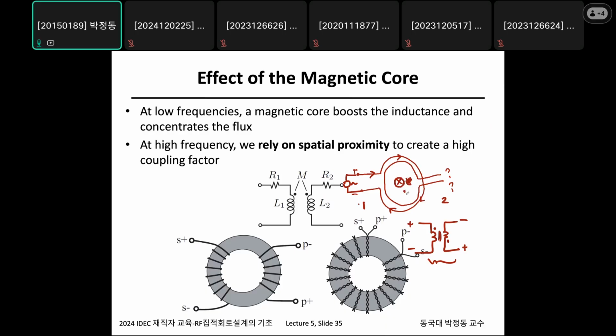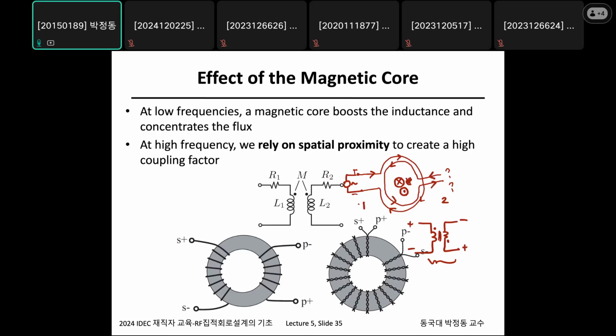The induced current is such that it is against the flux. So this magnetic flux will be generated by the induced current. Therefore, the current is conducting in this way.